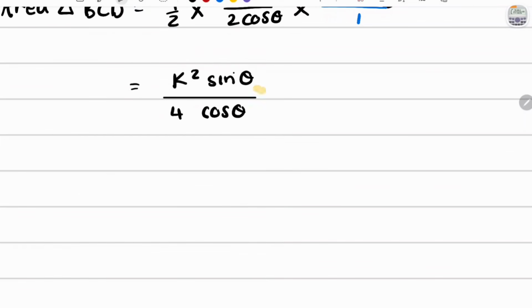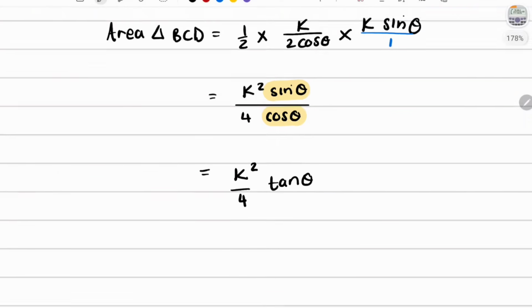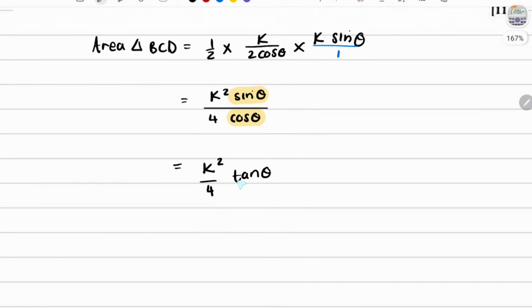Then I see here sine theta over cos theta as a fraction, and we know that can become tan theta. So our answer is really just K squared over 4 tan theta. And that is the area of triangle BCD in terms of K and as a single trig ratio of theta.